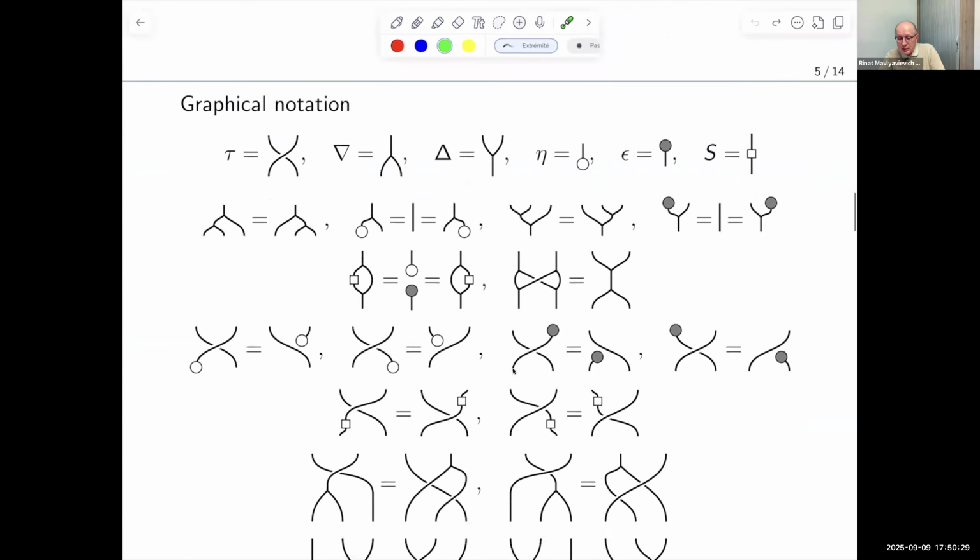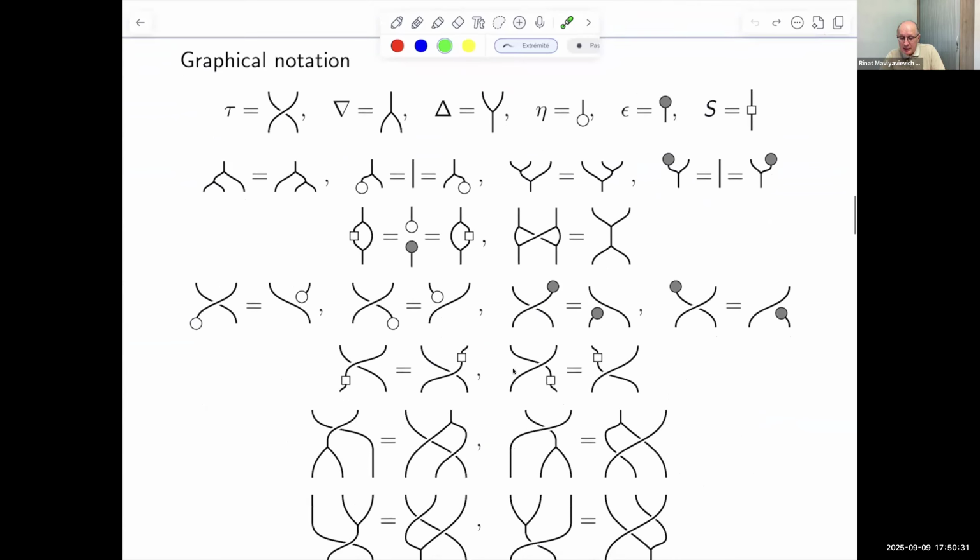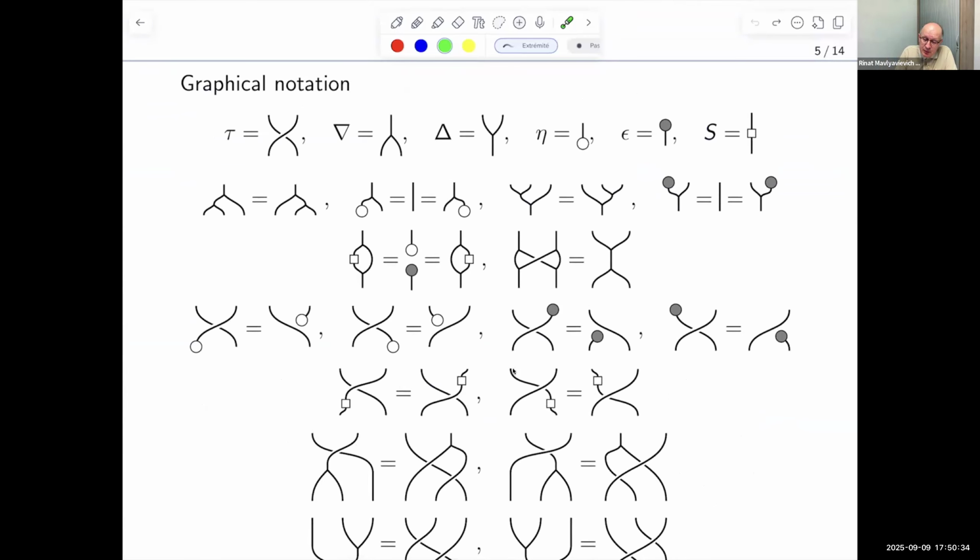It is convenient to use graphical notation, where the braiding is represented by a crossing, like in knot diagrams. And all these correspond to maps from the bottom part of the diagram to the upper part of the diagram.